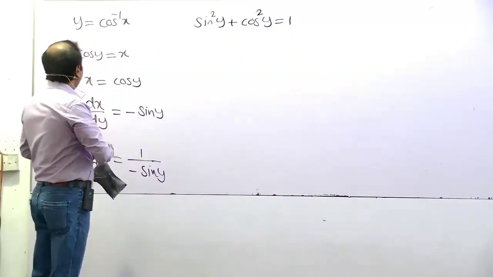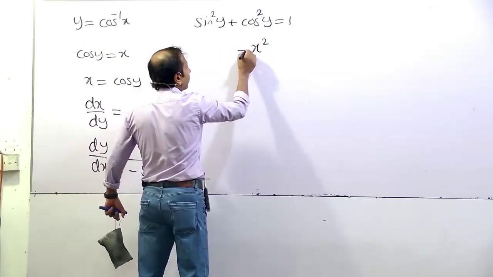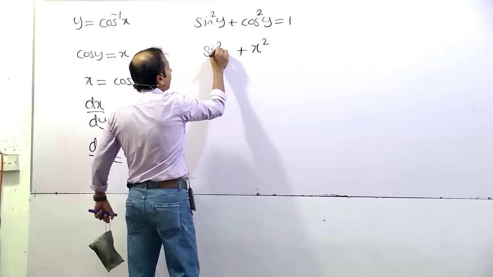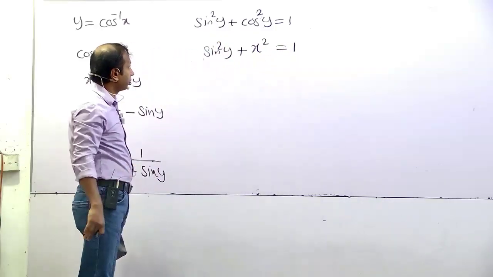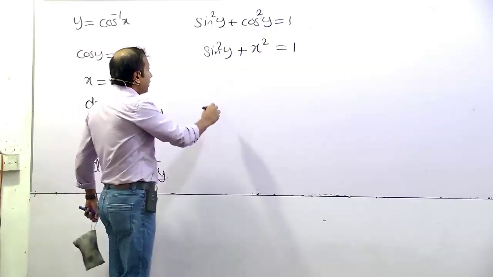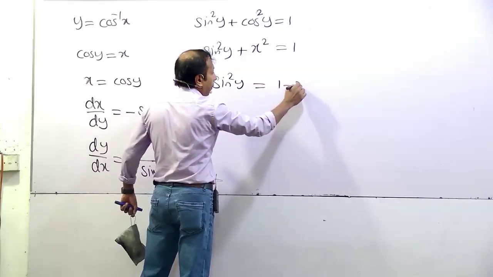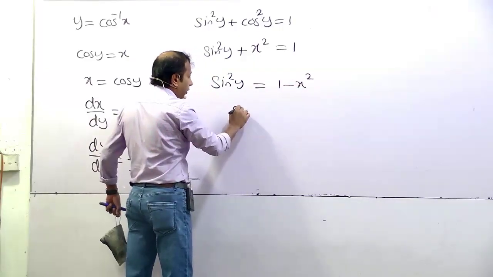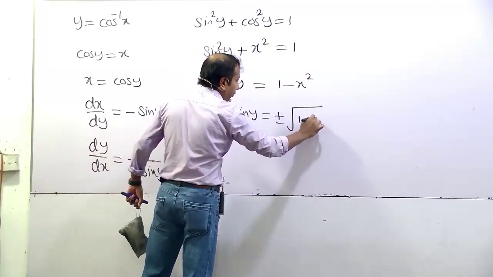But we know cos y equals x. Then subject sin squared y. Take this to the right hand side, 1 minus x squared, then sin y equals plus or minus root of 1 minus x squared.